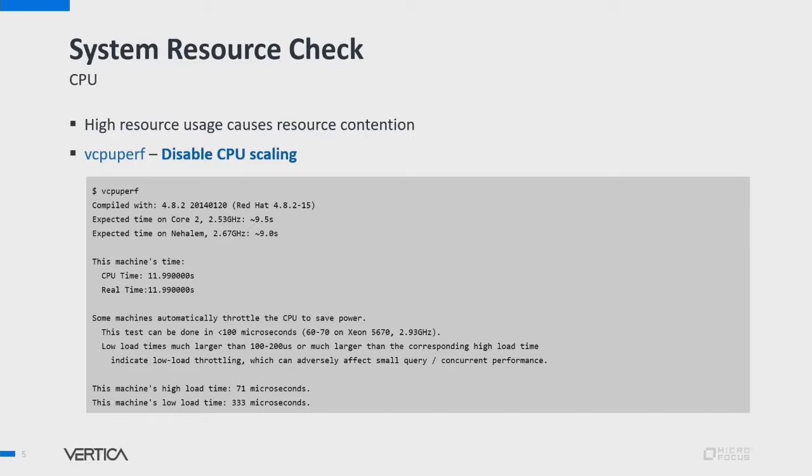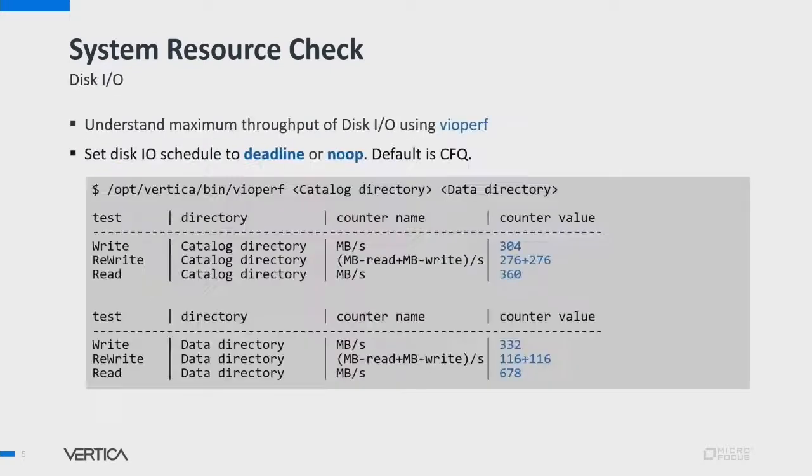It also shows the low load and high load times. If the low load time is much larger than the high load time, it indicates CPU scaling is enabled. It is recommended to disable CPU scaling, and let the CPUs process at the highest possible frequency.